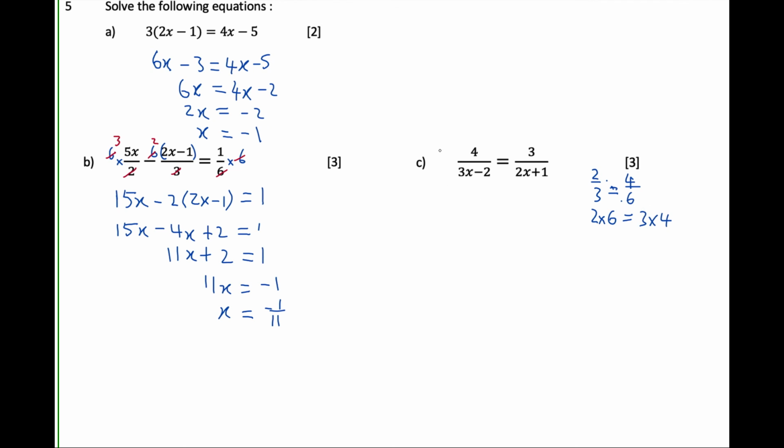So we can apply this method, multiply diagonally, and put a product on one side, and the other product put on the other side.